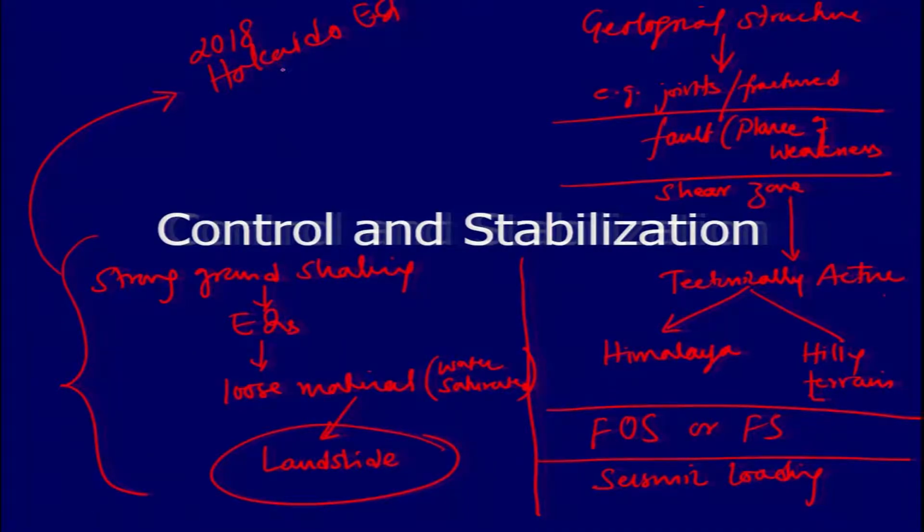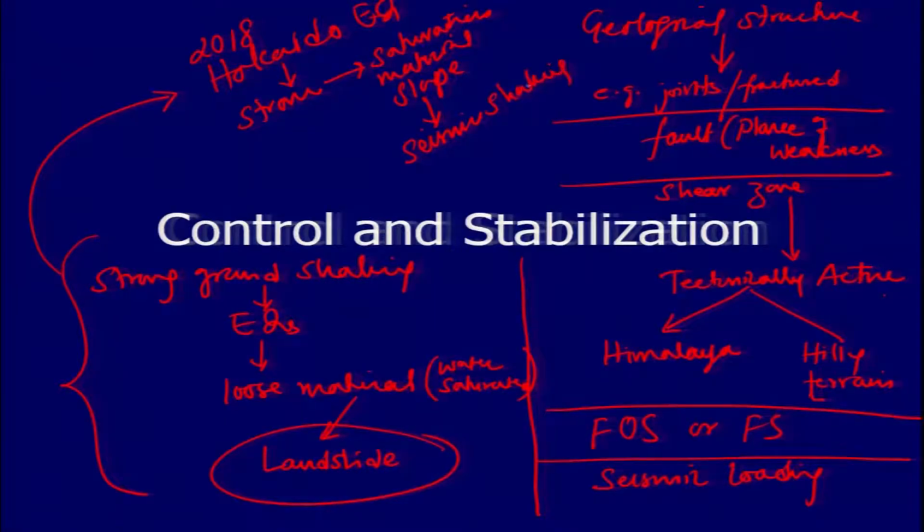So there was a very strong storm which resulted in the saturation or oversaturation of the materials sitting on the slope, and finally seismic shaking triggered the massive landslide.